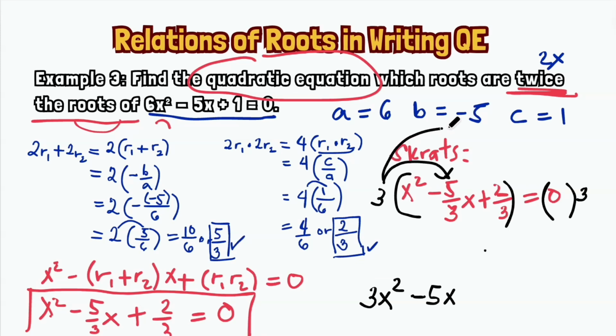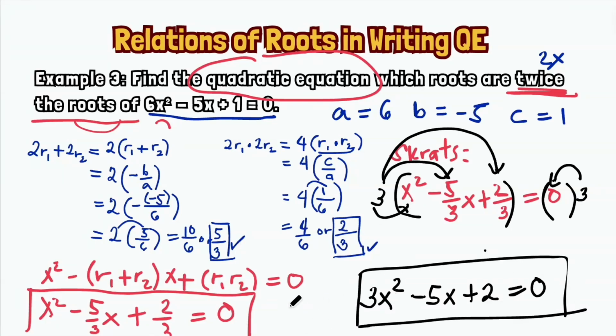So the next is we need to multiply 3 times 2, that is 6, divided by 3, that is going to be 2. So we have positive 2 equals 0 times 3, we have 0. Okay, so finally, yung ibang form nitong quadratic equation na to ay pwedeng isulat as this one. Okay, so this is going to be the final answer. 3x squared minus 5x plus 2 equals 0.